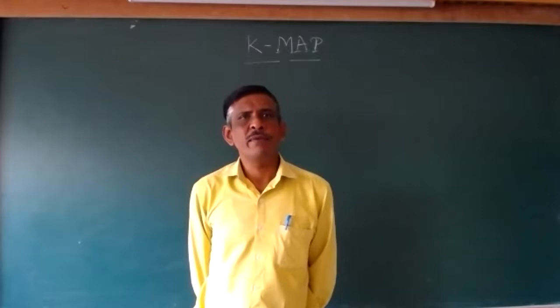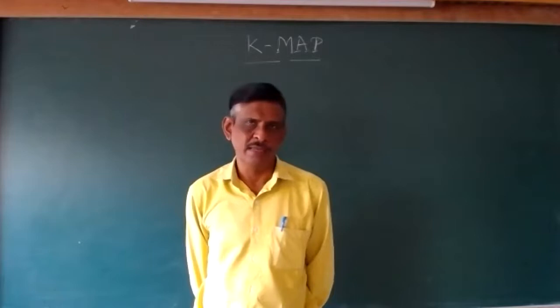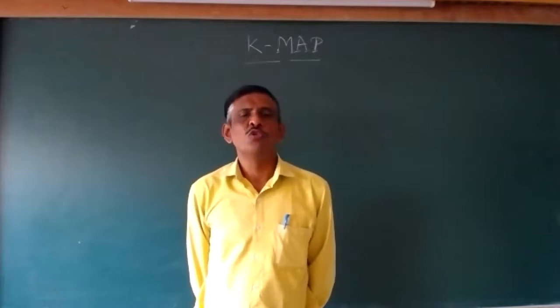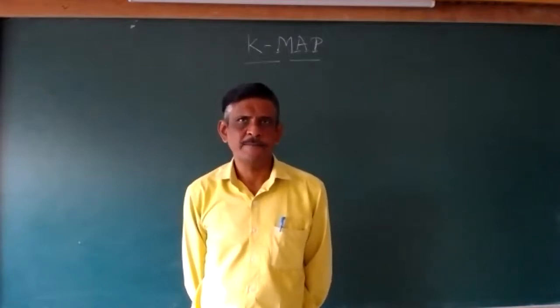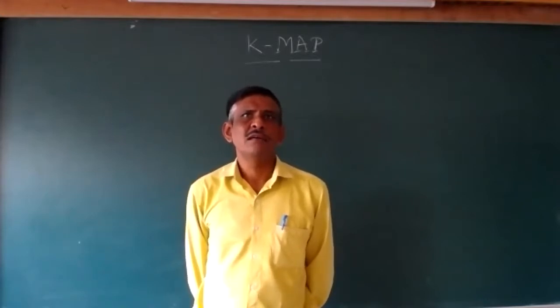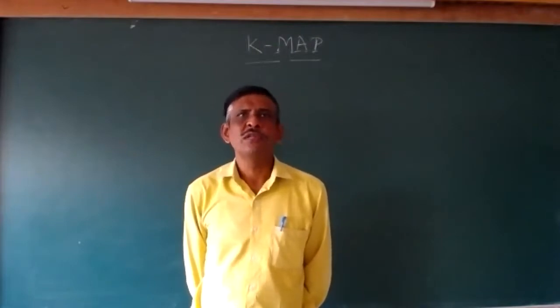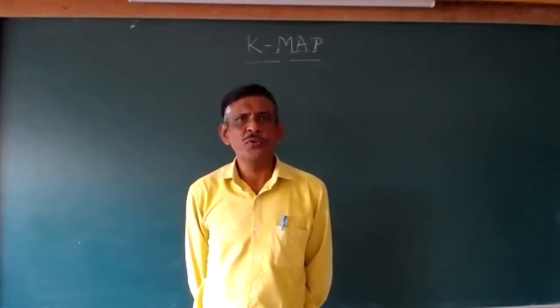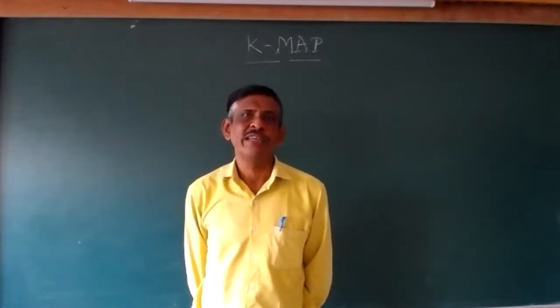If the number of variables is 2, we know the general form, same as we learned in the case of truth table, that is 2 power n, where n is nothing but the number of variables. If I take the number of variables as 2, then the expression becomes 2 squared, where n equals 2, that is 2 into 2, equal to 4. It means we need these 4 squares here.